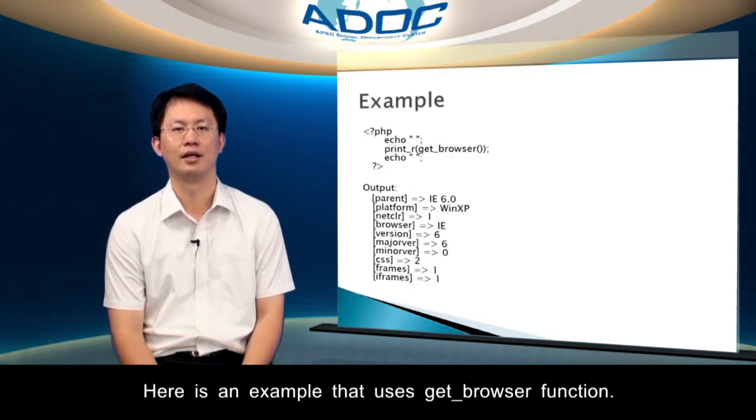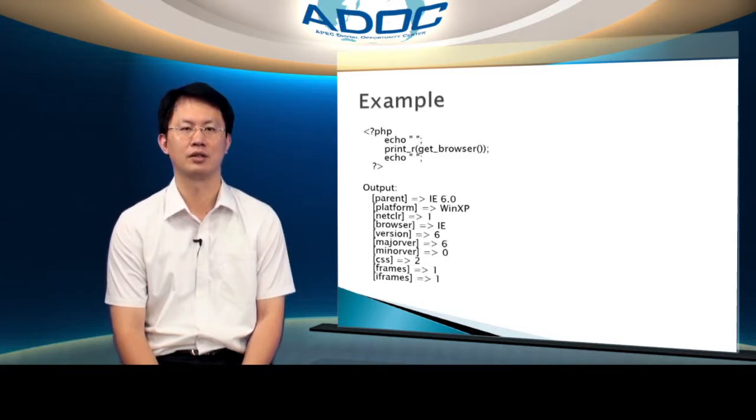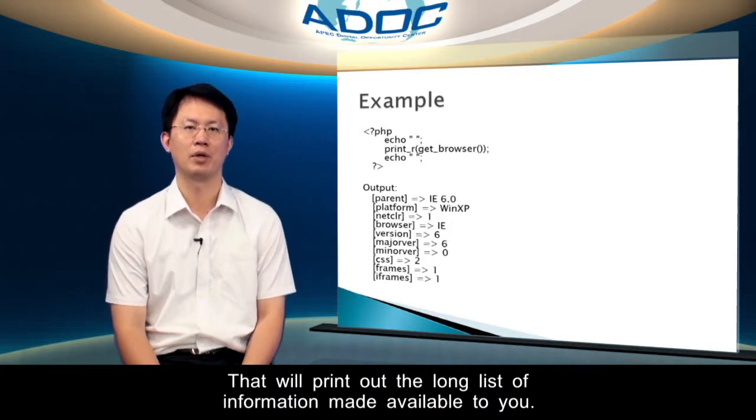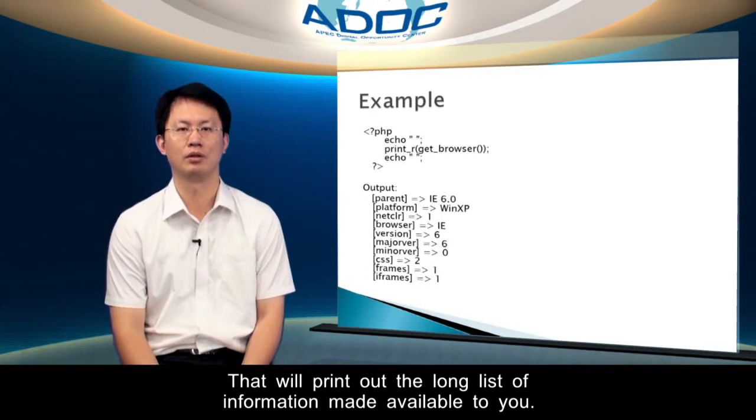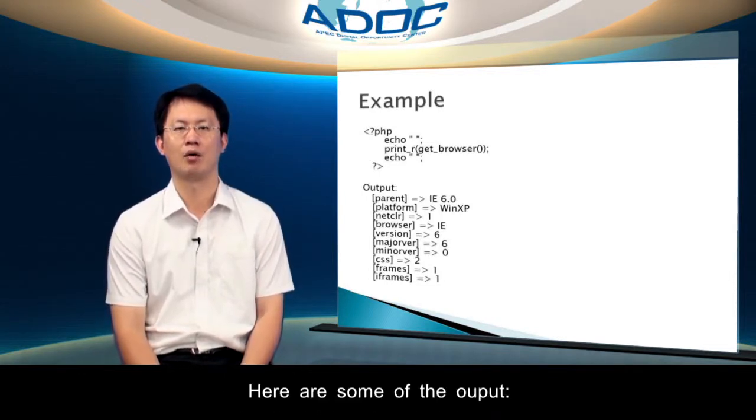And here is an example that uses the get_browser function. It will print out the long list of information made available to you. Here are some of the outputs.